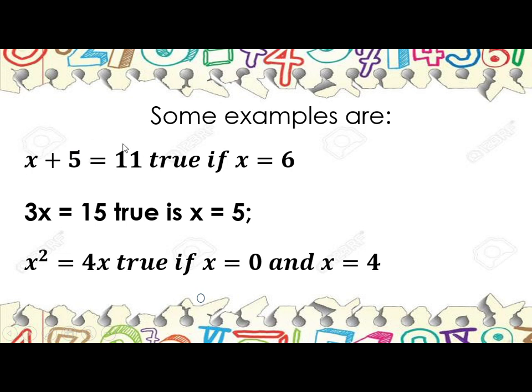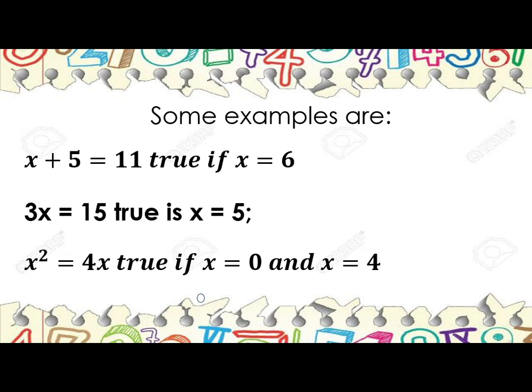So this equation will be true if there is a condition wherein x equals 6. If x is equal to 5, that statement is not true. It's a fact that 6 plus 5 is 11. That is the basic concept of conditional equation.